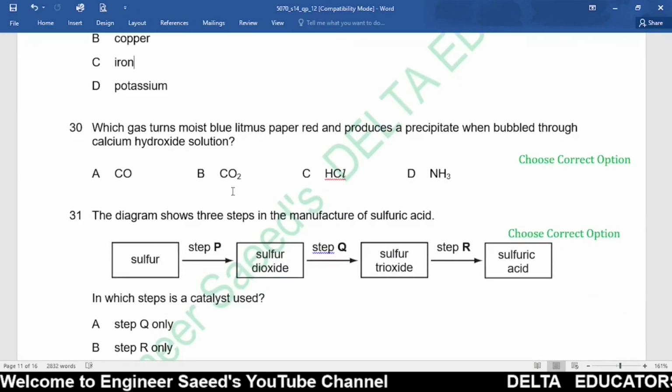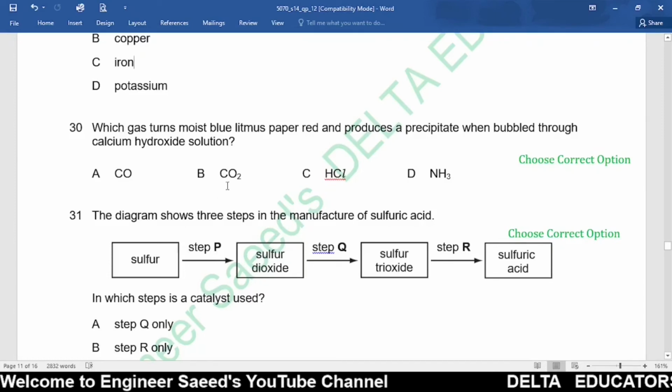Question number 30. Which gas turns moist blue litmus paper red and produces a precipitate when bubbled through calcium hydroxide solution? Turning blue litmus paper red means the solution is acidic in nature. Now if we check the options A, B, C and D, in B it is given carbon dioxide, in C it is given HCl. These two compounds are acidic in nature, so our possible options will be B and C. Now it is given that it produces a precipitate when bubbled through calcium hydroxide solution.